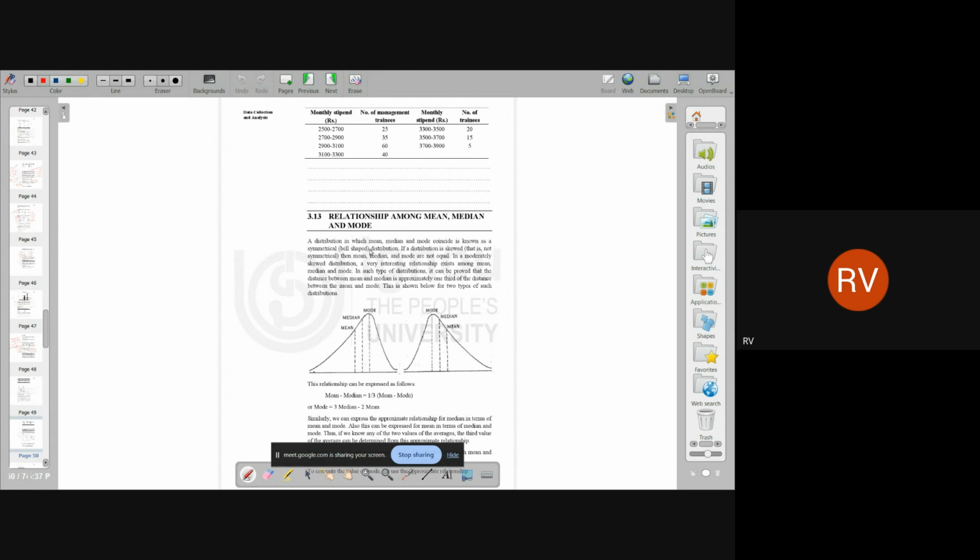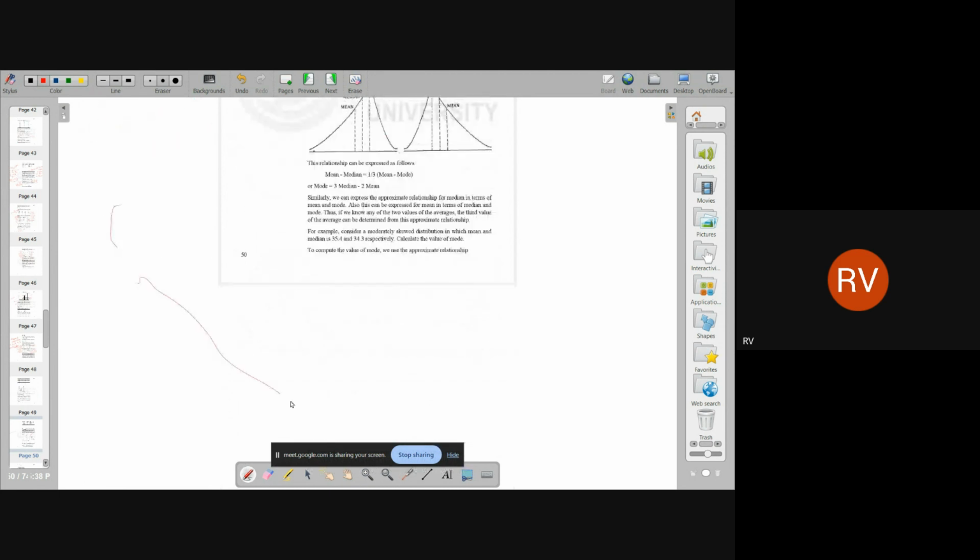Relationship among mean, median, and mode. Here the mode is the highest one. This is the mode, this is the median, this is the mean. Data are of three kinds.